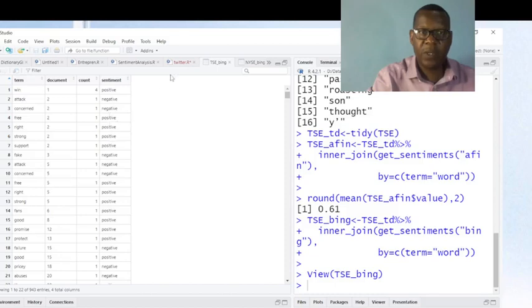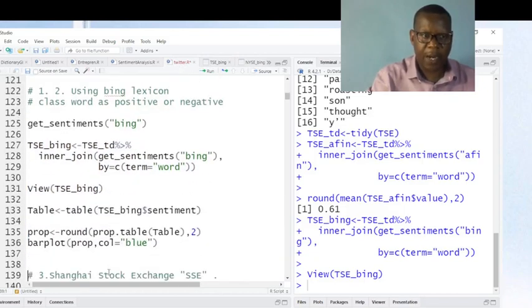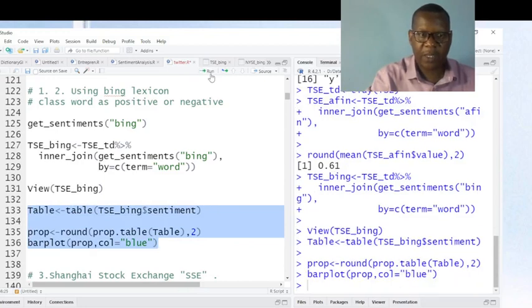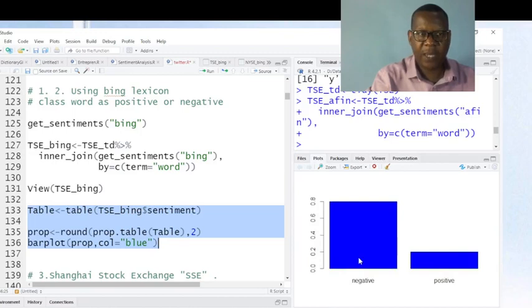Now let's just make a bar plot to see whether the number of positive words is greater or less than negative words. Now, friends, as you can see here, in the Tokyo Stock Exchange, negative words are greater than positive words.